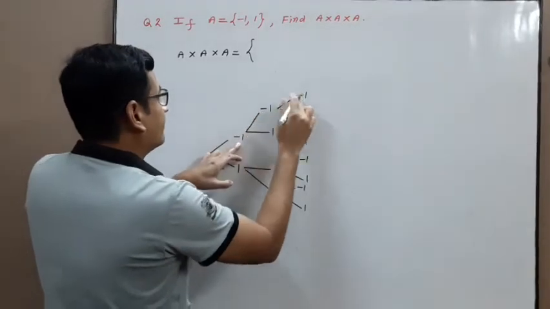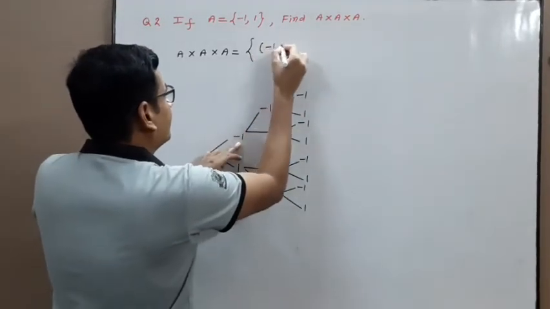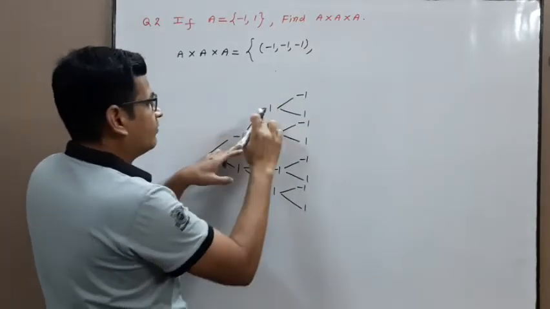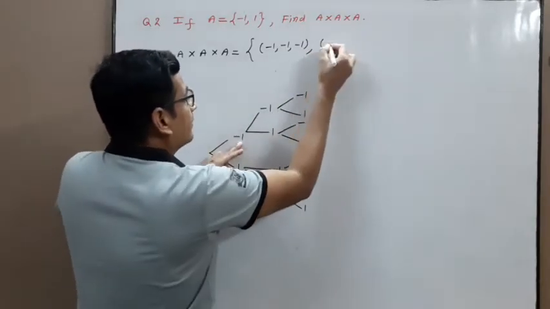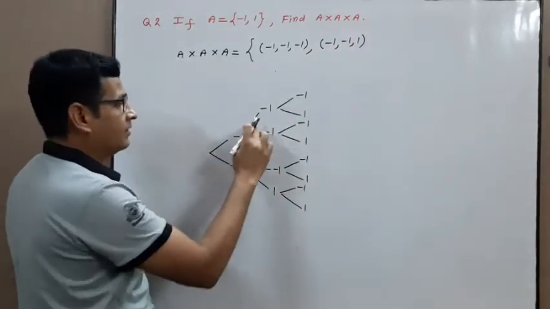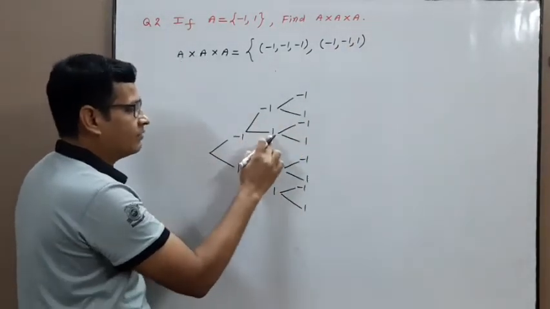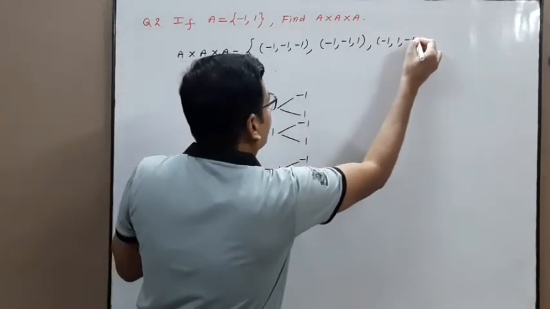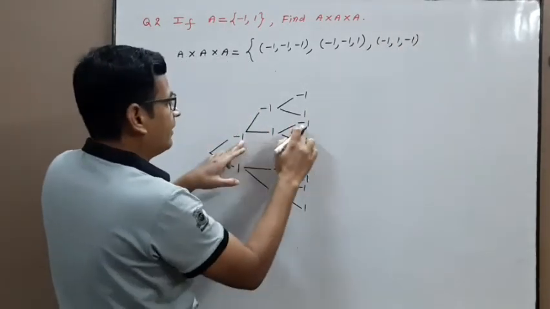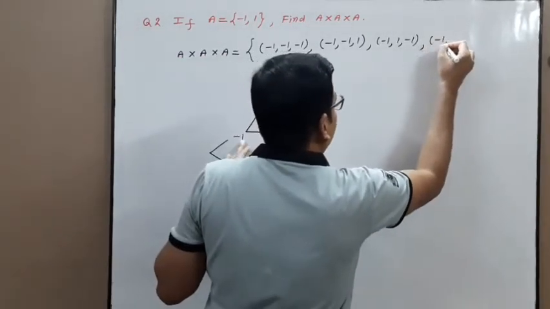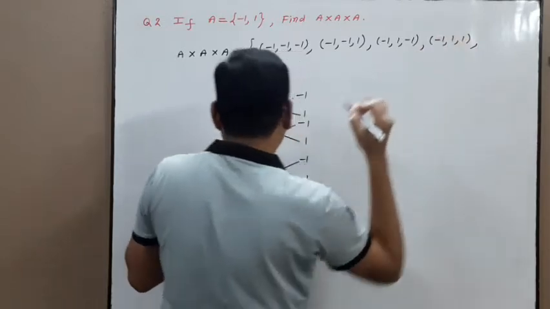Minus 1, minus 1, minus 1. Then minus 1, minus 1, 1. Then minus 1, 1, minus 1. Minus 1, 1, 1.